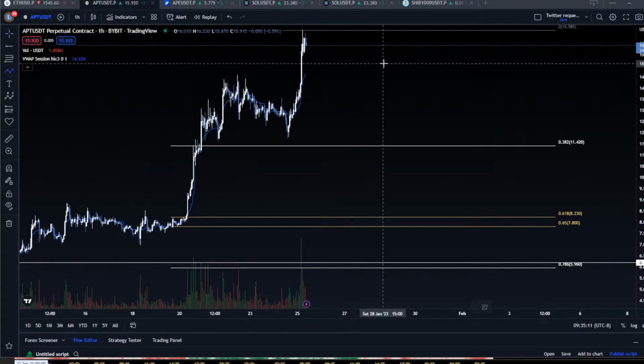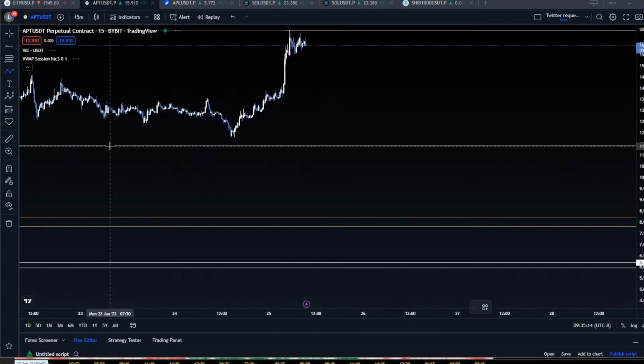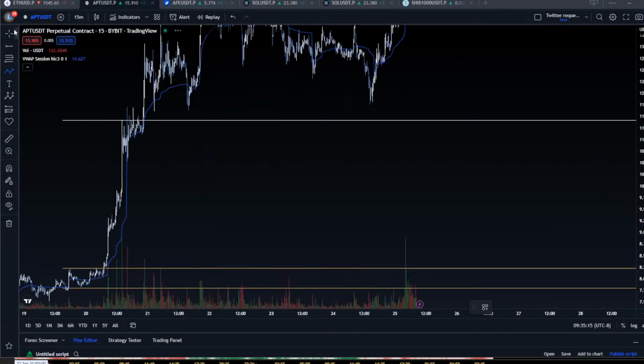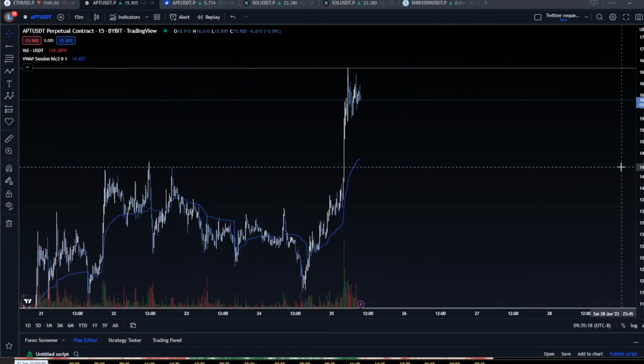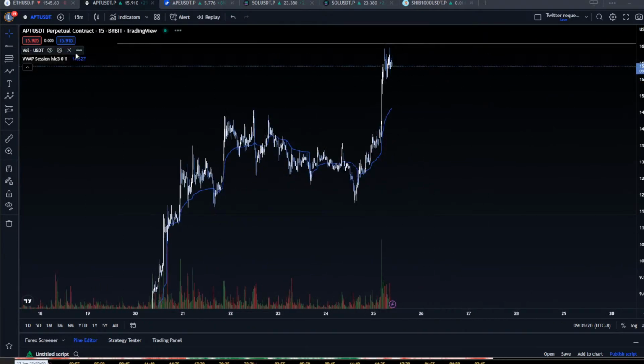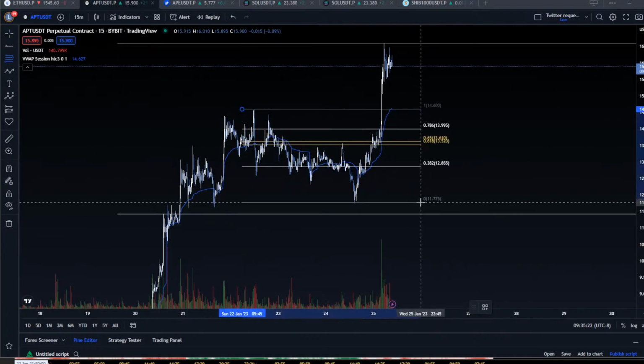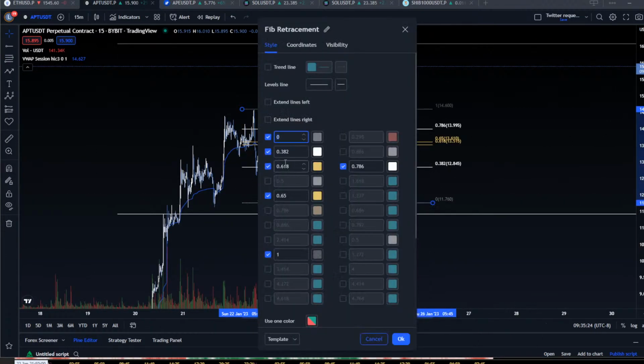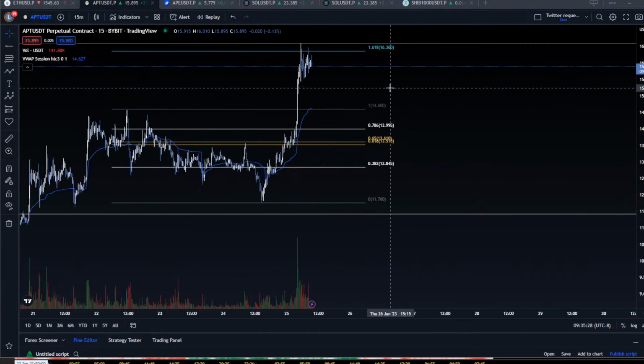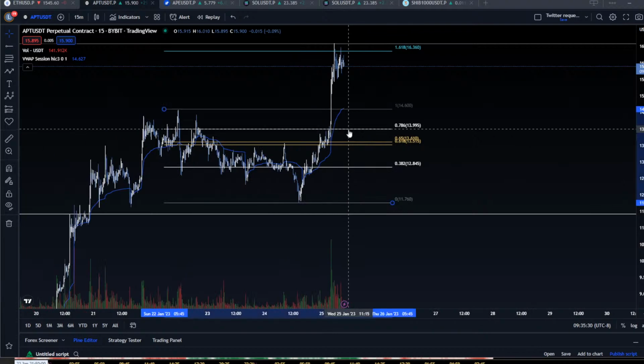All right, so the levels I'd be interested in, let's just start on a local time frame. Let's just see if we have a fib extension here really quick. I'm going to look at long and short ideas. If we tap the 1.618.